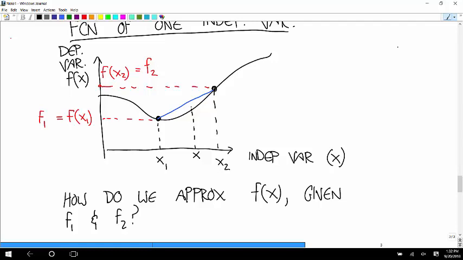And then our approximation, assuming that that's a linear function, we're going to treat this as our temporary function representing this x. We're going to figure out what f of x is for that line. I think that picture explains why this is a better approximation than just using either of the two endpoints. It's not perfect because this isn't going to be a linear function, but the closer these two are together, the better that approximation is.